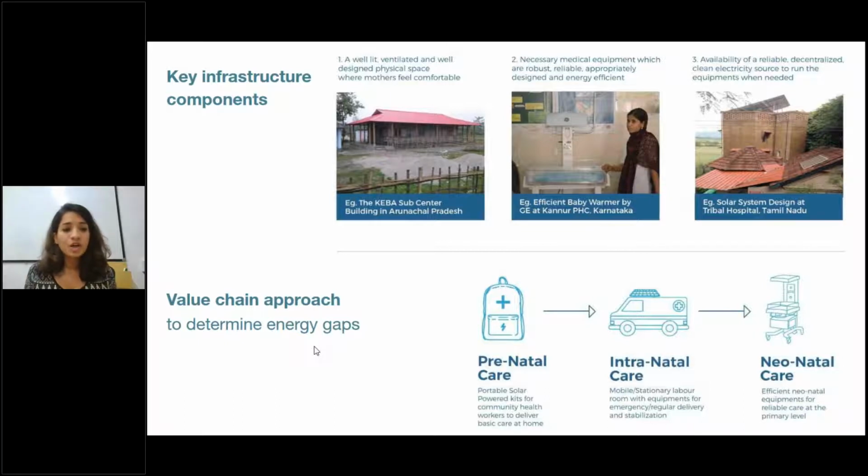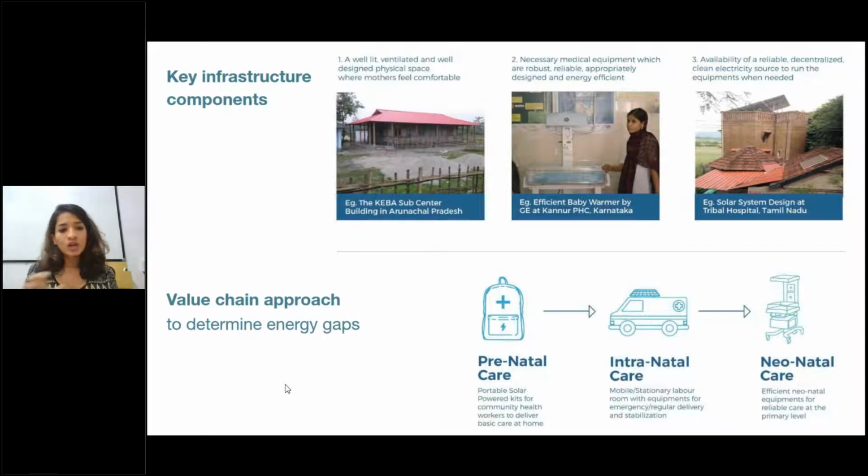For example, portable maternal kits, and these are solar powered maternal kits that help the last mile health workers or community workers to go out and identify things like high risk pregnancies, monitor the health of mothers to be, to determine which of them would need the most attention and then refer them to the relevant health post or main hospital depending on the circumstances of their pregnancy.